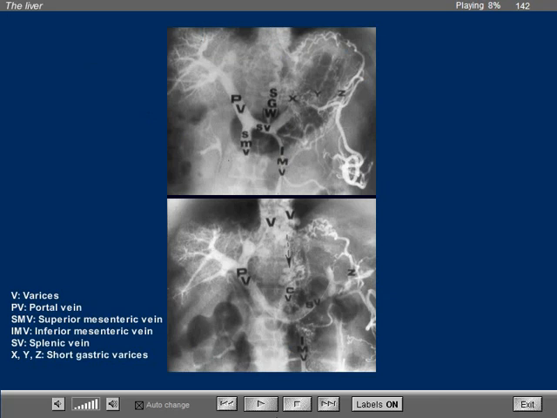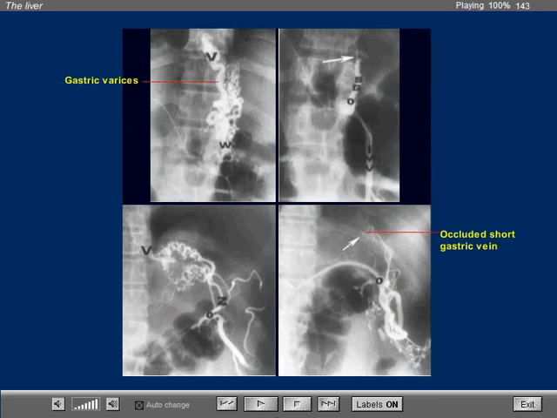The third set of images reveal several veins connecting the splenic vein with the fundus of the stomach. I arbitrarily labeled them X, Y, and Z. And note that the bottom slide shows that some of these veins have been already successfully obliterated. The last 4 images of the short gastric veins reveal the successful obliteration as demonstrated on the bottom right image.